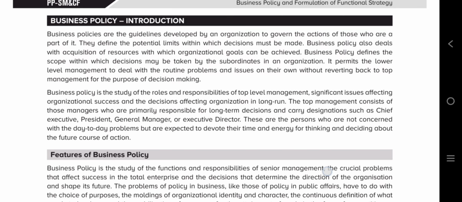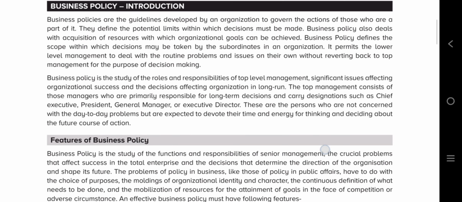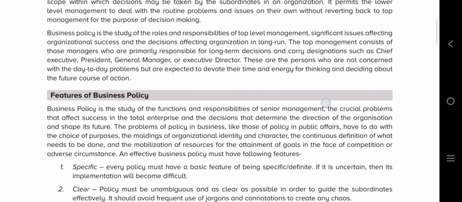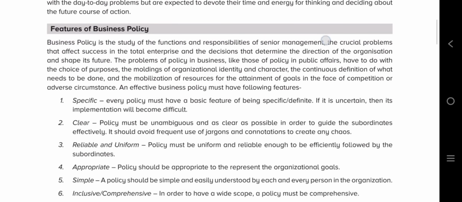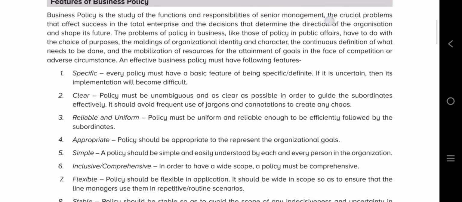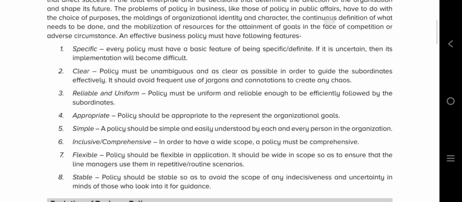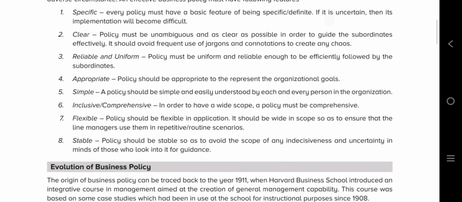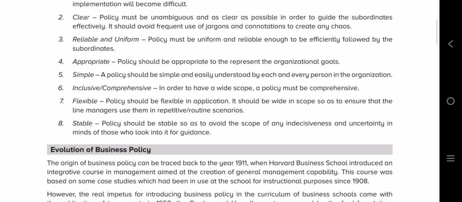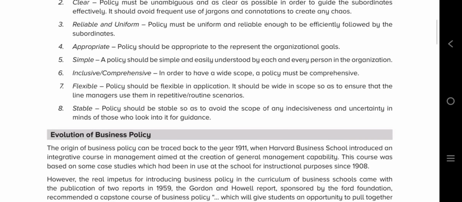Next, simple, stable, specific. So clear, uniform, flexible. Simple, stable, specific, and then appropriate and inclusive.